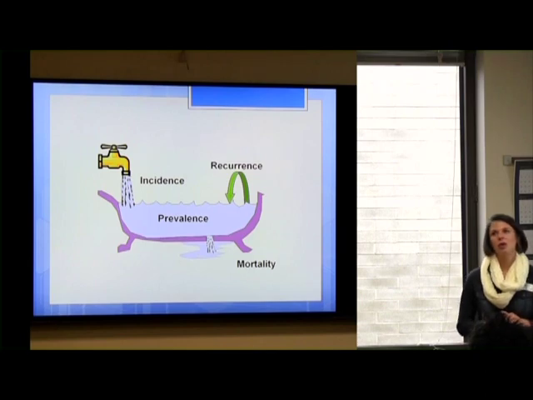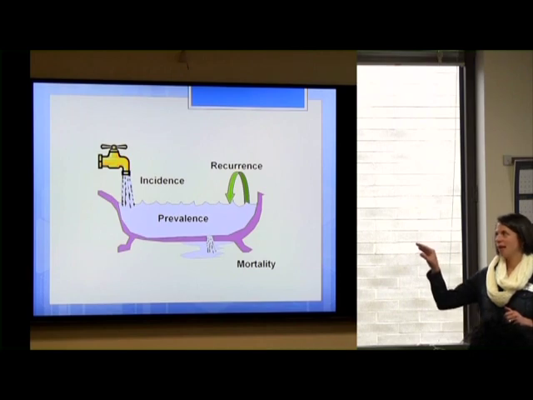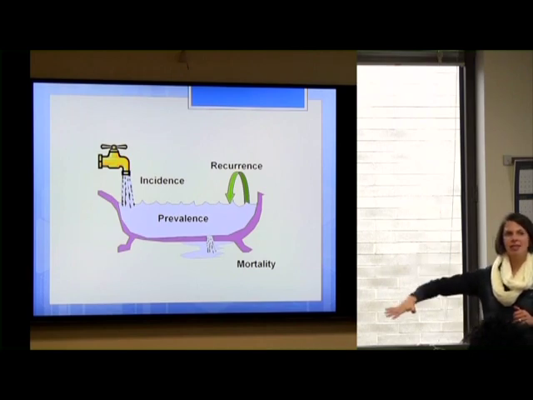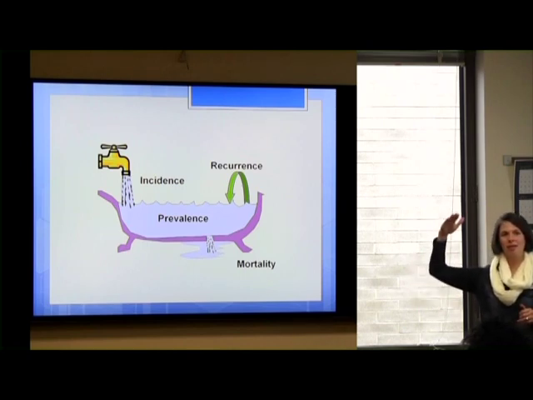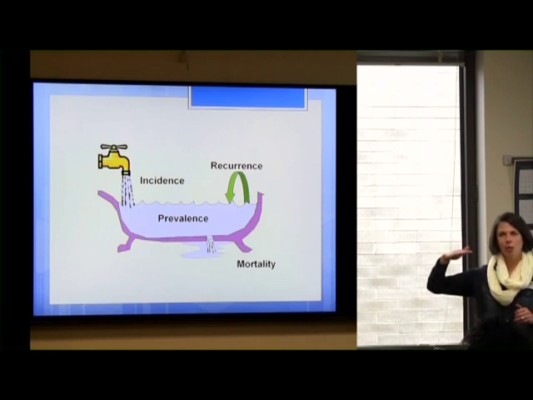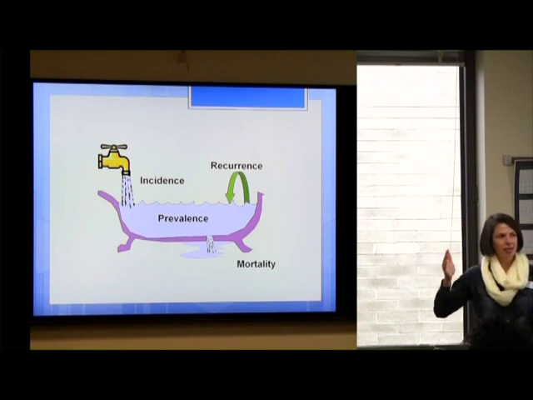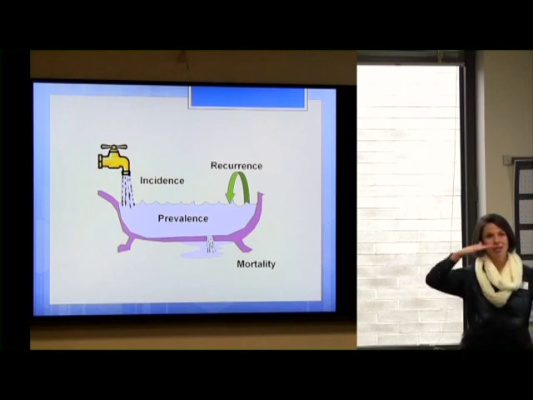Okay, so if it helps you to think of the bathtub again, your incidence is your new cases filling up the bathtub, and with the faucet you can turn it to pour in slower or faster. And so think of that as the rate, right? The rate of your water filling up your bathtub. And then the water that's in your bathtub is filling up proportions or percentages of your bathtub.